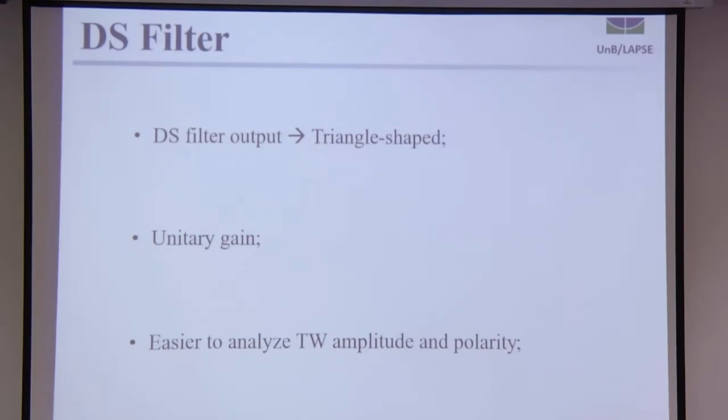This characteristic allows an advantage of the DS filter: its output amplitude is equal to the input step change amplitude, which means that the filter works with unitary gain, facilitating the TW analysis of amplitudes and polarities.